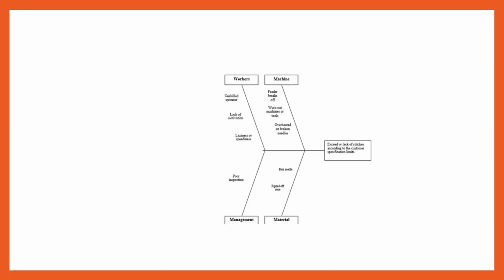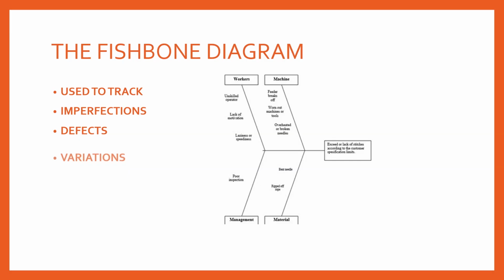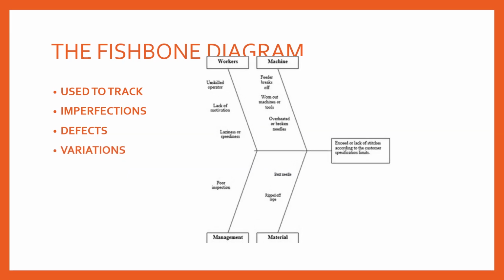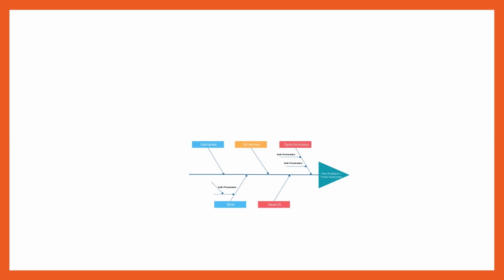It is a skeleton-like thing, and how it gets classified is shown here, and it is used to track. Imperfections can also be depicted here, defects can also be there in the fish diagram. There are variations and all these things can also be there. So these are the forms of the fishbone structure, or fishbone diagram.